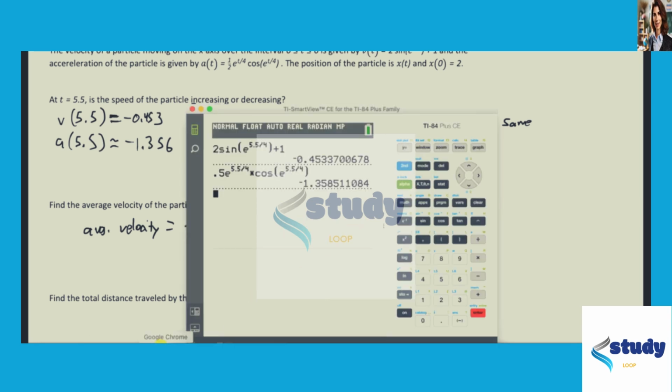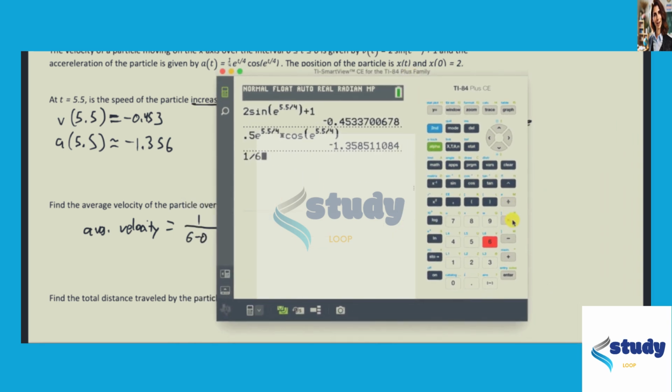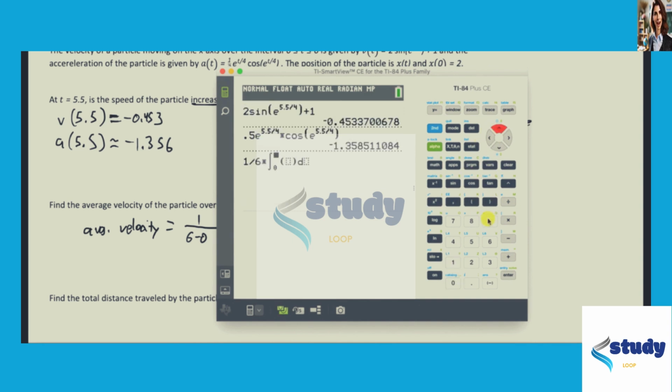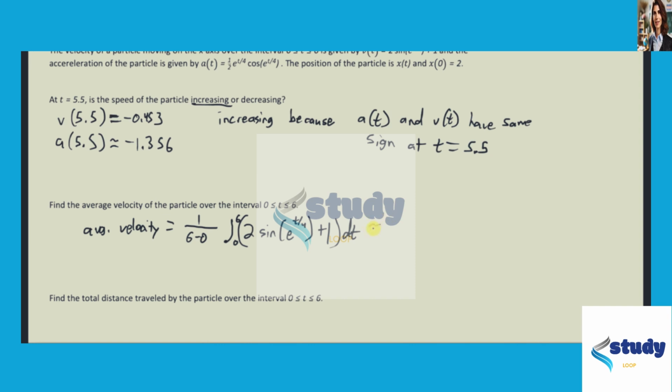That would just give us 1/6 times the integral from 0 to 6 of 2 sin(e^(x/4)) + 1 dx, and that gives us 1.949.